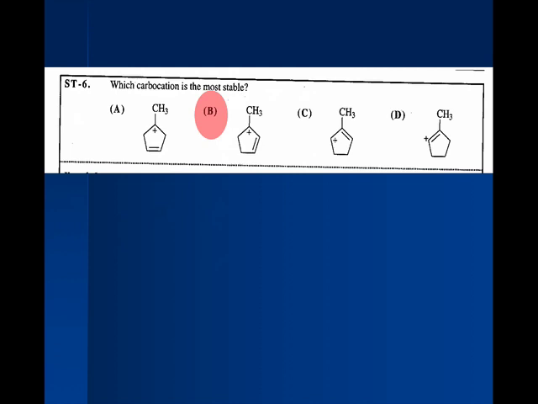A is tertiary, which would definitely be more stable than a secondary or a primary carbocation, but there are no resonance possibilities there. C also is allylic, but it's less stable than B because each resonance structure would be a secondary allylic carbocation, whereas for B, you can have a tertiary.